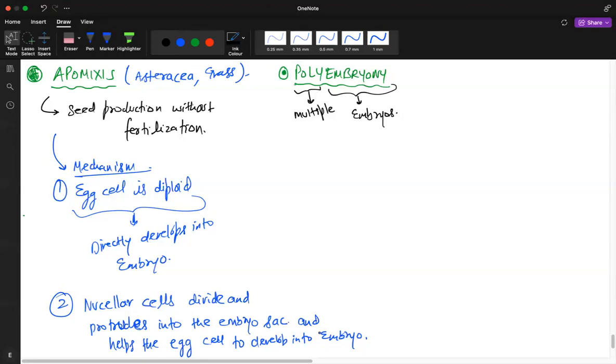So here it's not the male nucleus, but the egg cell will think, oh, something is protruding inside the embryo sac. I think it is the male nucleus, but it's the nucleus from the nucellus, and it is the same plant's genome. So again, it's asexual reproduction because it just develops. So the nucellar cell is diploid and it develops into embryo. Okay.